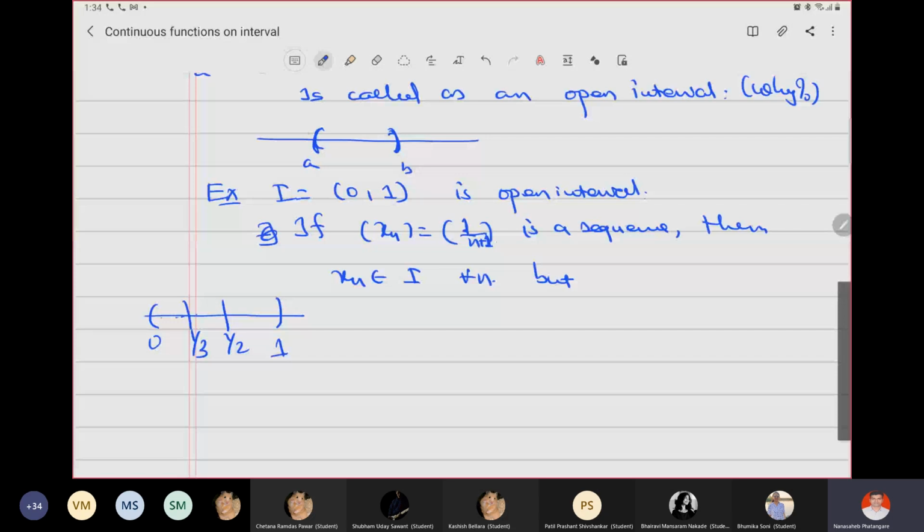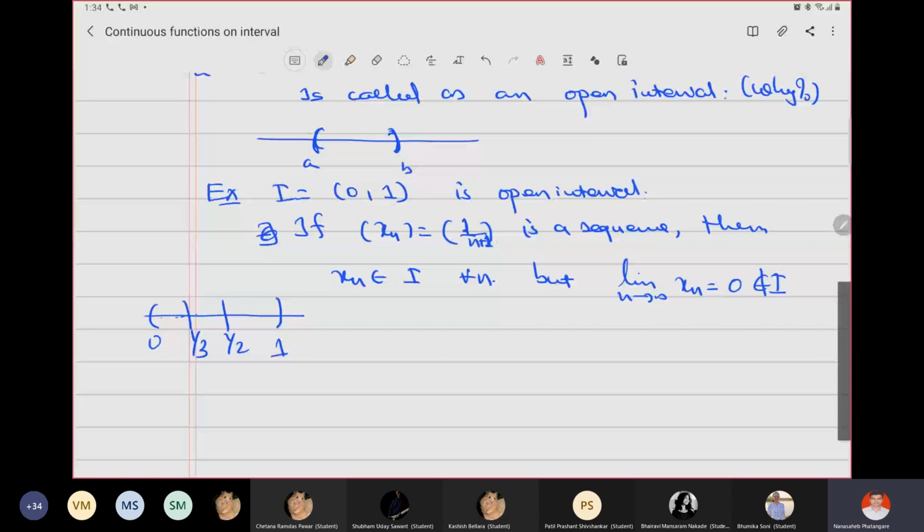Keep on doing this. Ultimately, at the end, where will you reach? What will be the destiny? Yes, 0. 0, which is not in I, right? The destiny is outside. That is the problem.